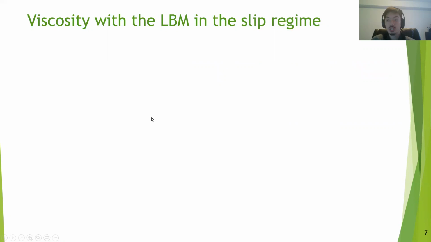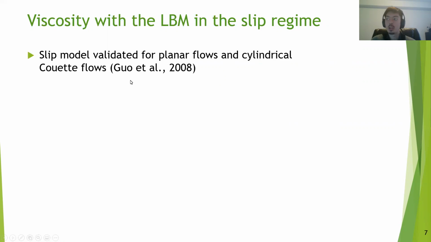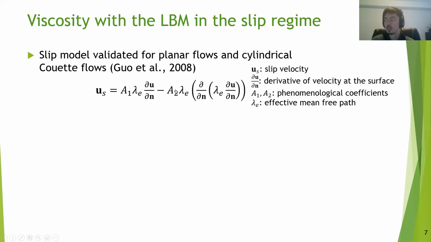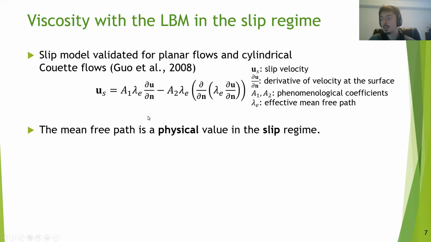However, in the slip regime, I recall the slip model that I presented to you earlier from Joe, where the slip velocity is a function of the mean free path and the mean free path squared. This means that the mean free path in the rarefied regime, the slip regime, is a physical value and cannot be neglected.